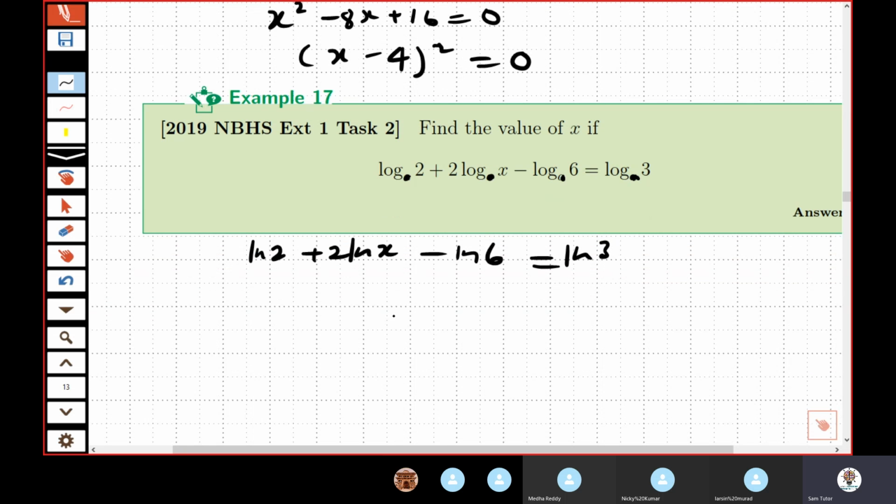Next line, what are we going to do? Log 3 is not a problem. This side's a big mess. What are we going to do? I can't actually multiply these just yet when they're plus. I can't multiply them because there's a 2 in front. It has to be monic for me to be able to use those log laws.